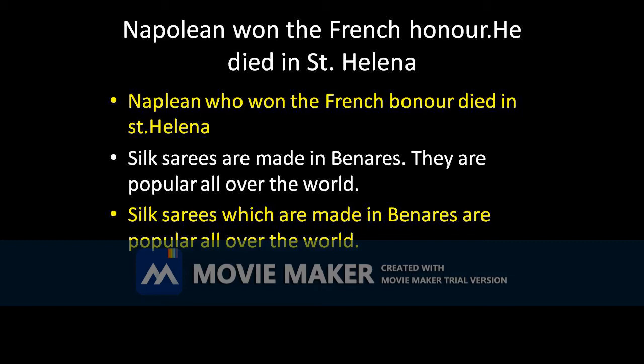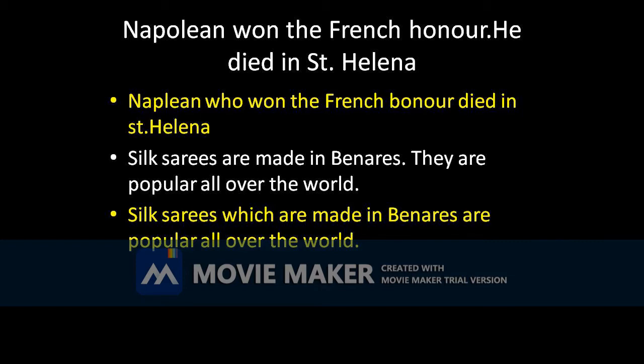So if you observe this sentence, Napoleon was the French hero. He died in Saint Helena. Both these sentences are saying something about Napoleon, so they come under non-defining relative clause.